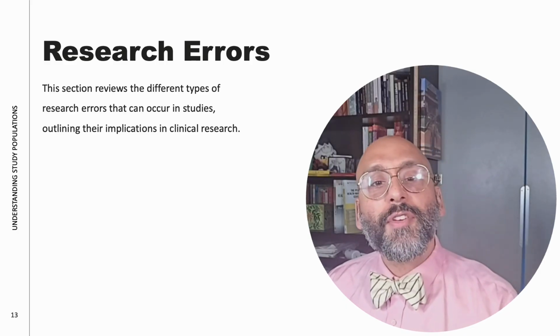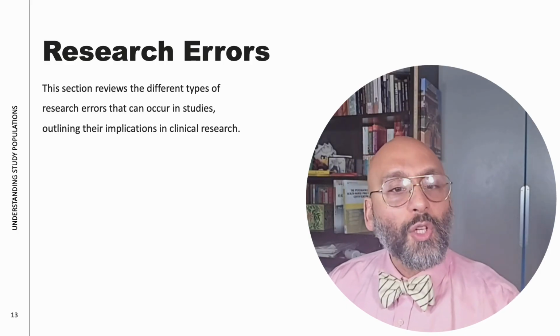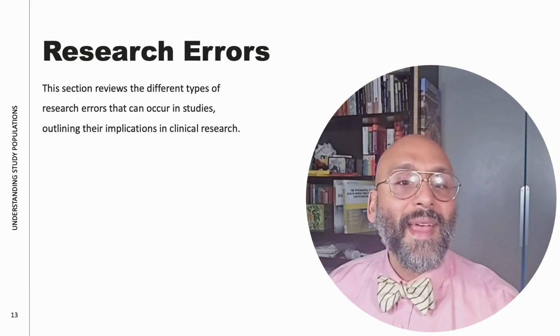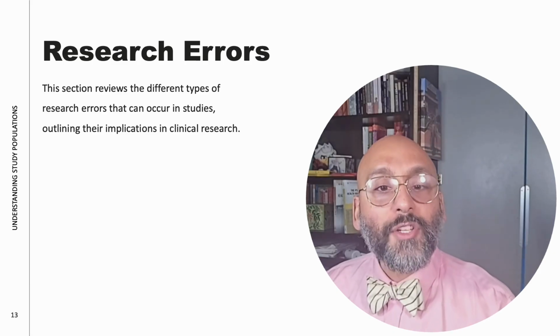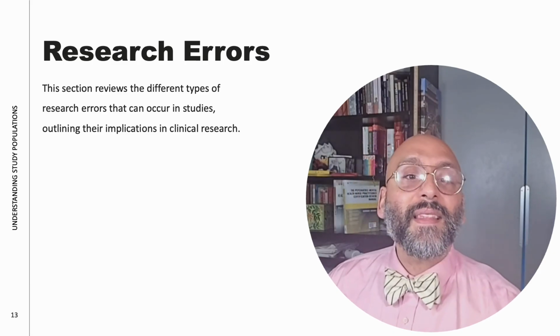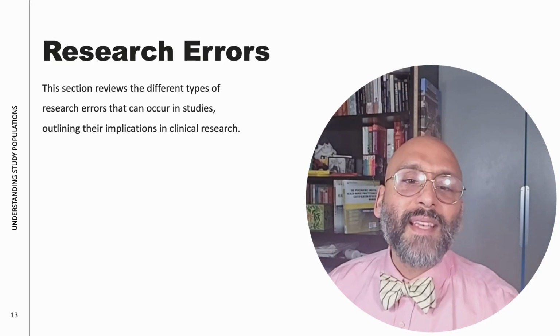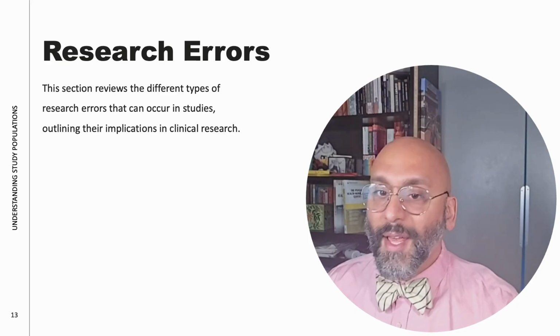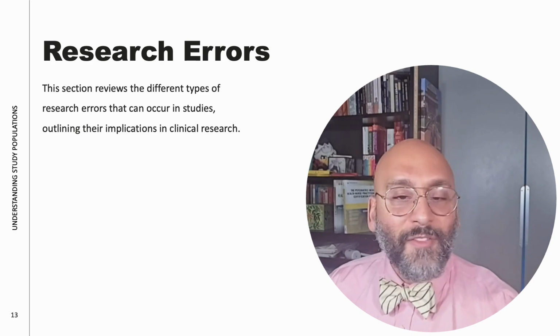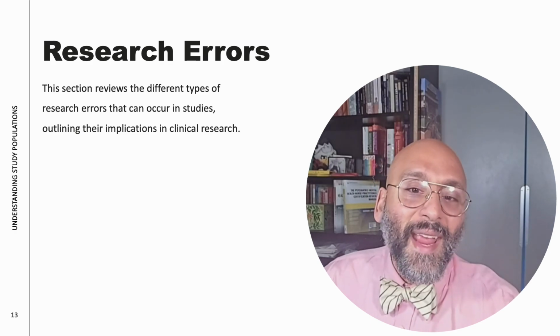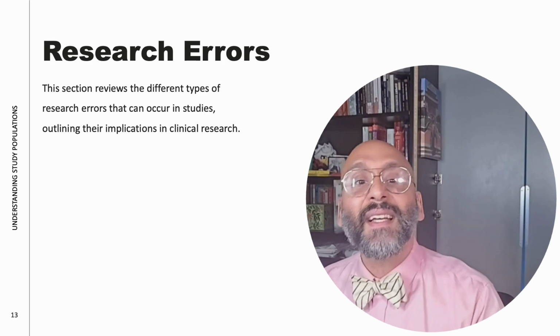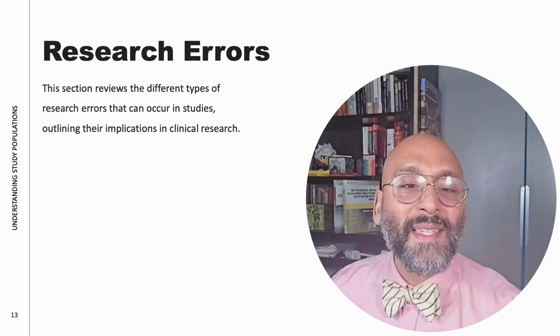Now, some errors make treatments look effective when they are not, and others hide real effects that actually matter. What's important to understand is that these errors are not rare, and they are not signs of bad science. They're just inherent risks in studying complex human behavior and symptoms.